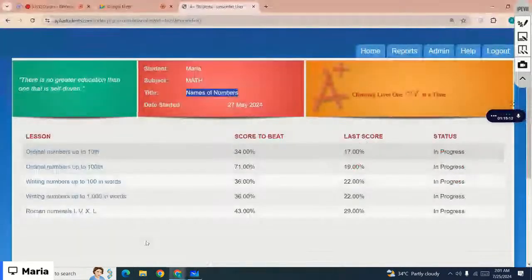So here I'm on grade 2 math, names of numbers. Let's just start with the first lesson, that is ordinal numbers up to 10th.